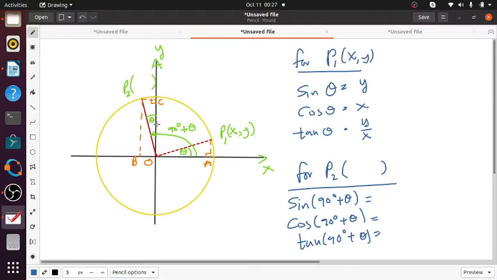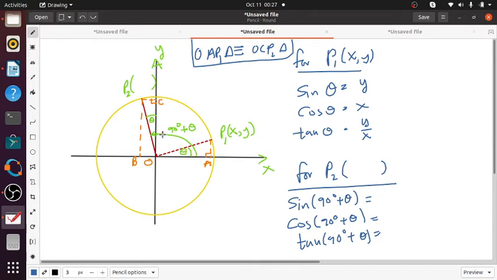As you can see, the right angle triangle is constructed such that triangle OAP1 is congruent with triangle OCP2, which you will see why in a minute.